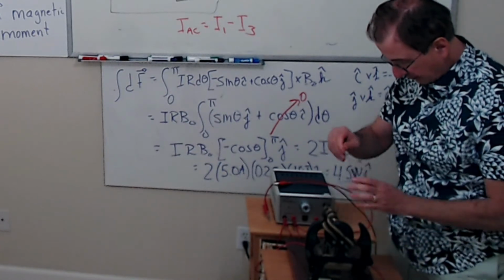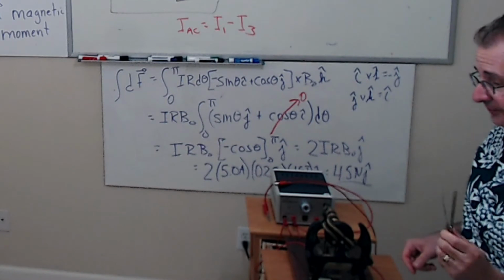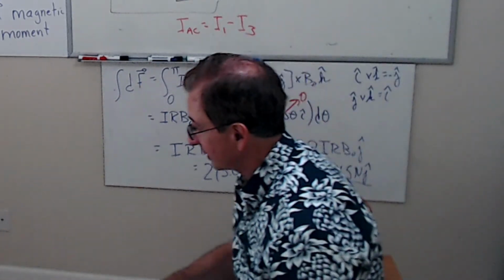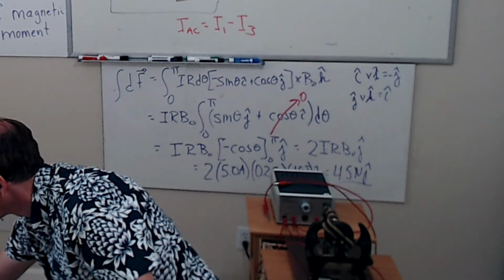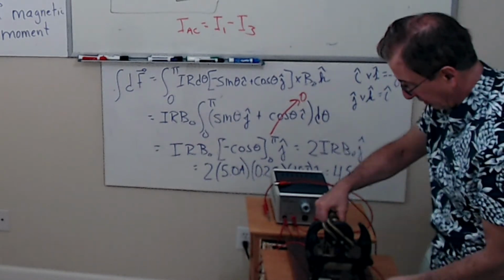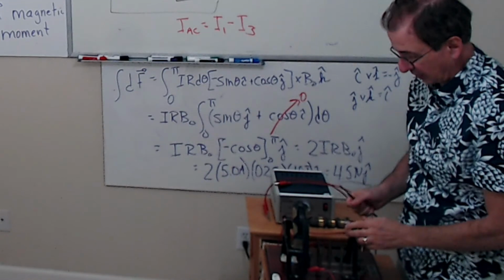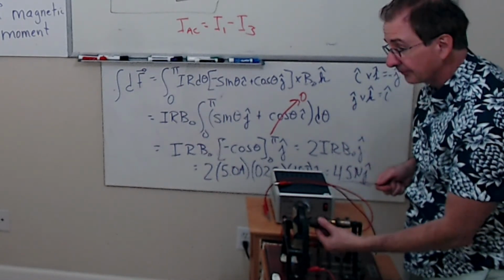Then you have the brushes. These are for the electrical connections to the commutator. Our commutator, there's two sets here because I can run this as an AC motor, but the commutator is right here.